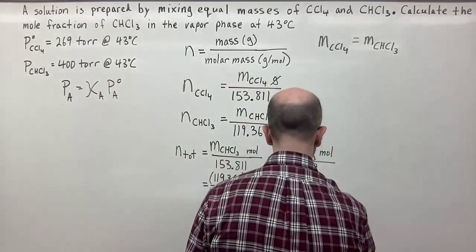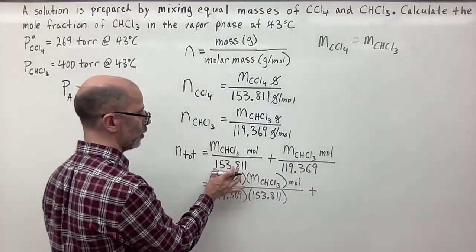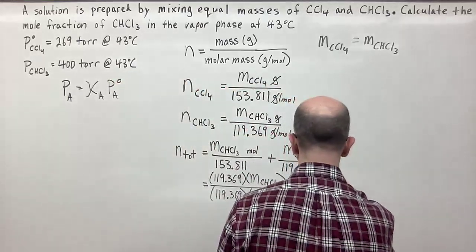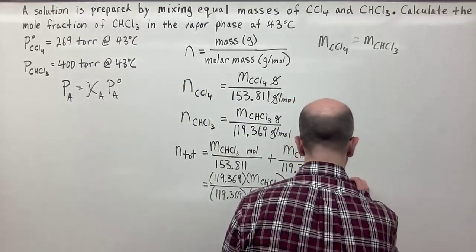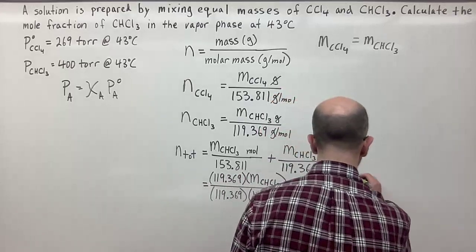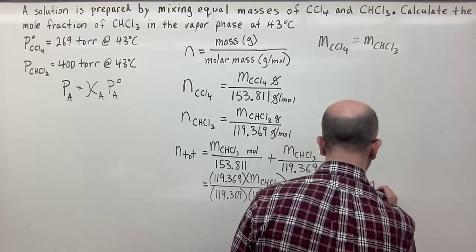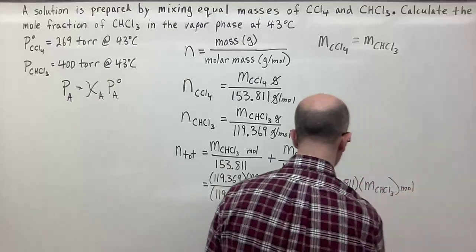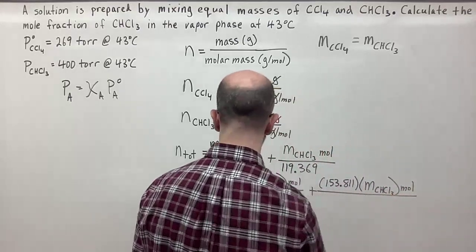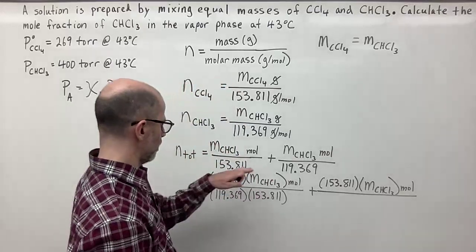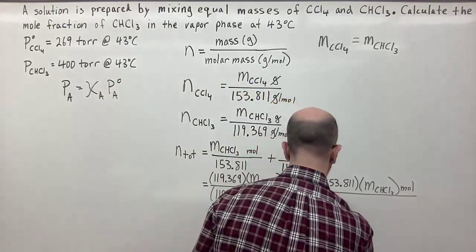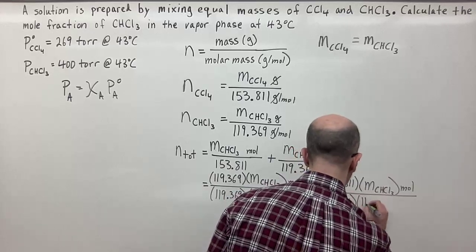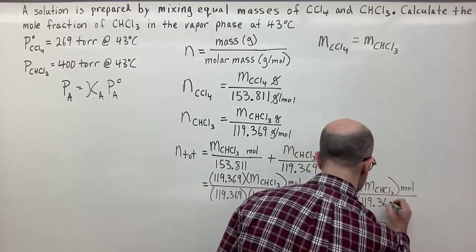And then we're going to add to that, and do the same thing. We're going to take 153.811 and multiply top and bottom for this one. So that's going to be 153.811 times, again, the mass of CHCl3, in moles, divided by, and then we're going to have this times this: 153.811 times 119.369.